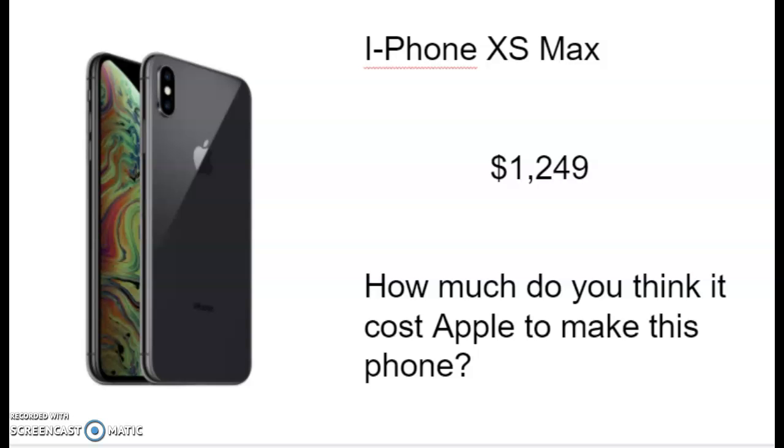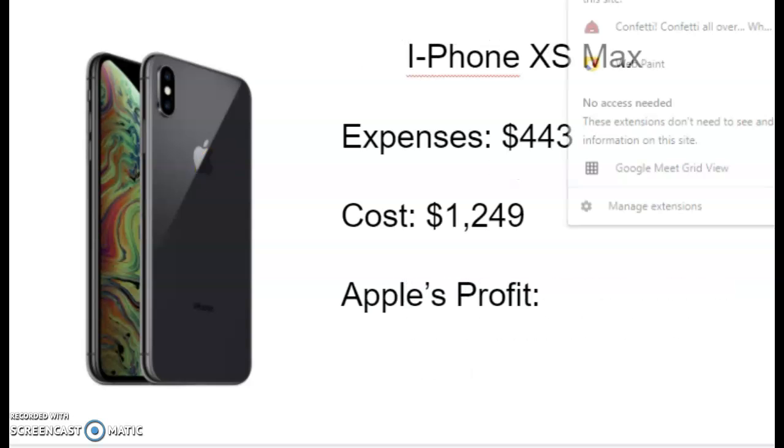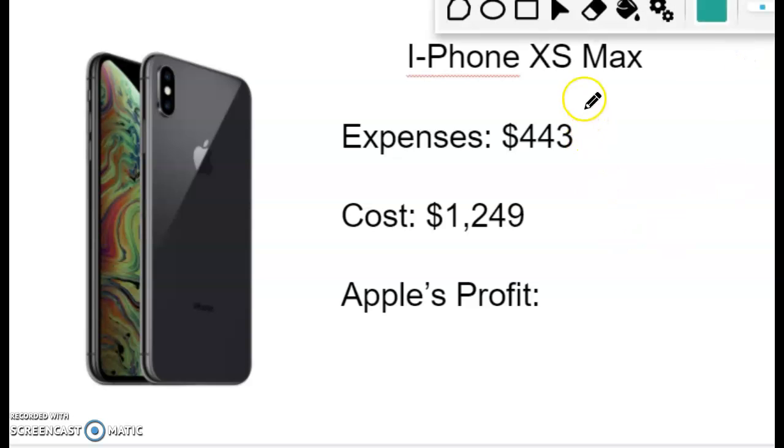How much do you think? Well, it cost Apple $443 to make the iPhone X Max. And it cost $1,249. So in order to find the profit, we have to take the amount of money they're going to make on the phone, which is the income, minus the expenses.